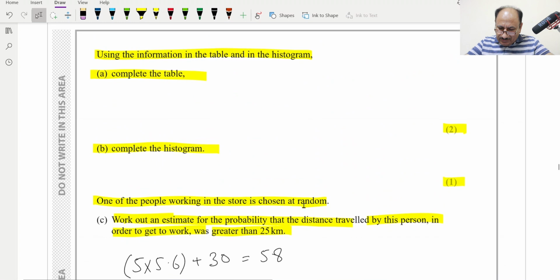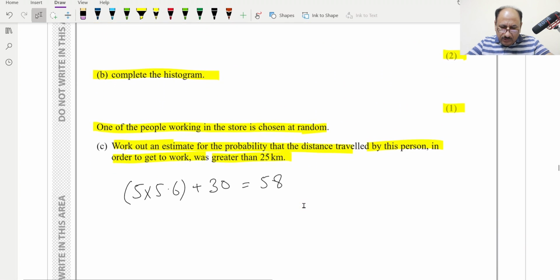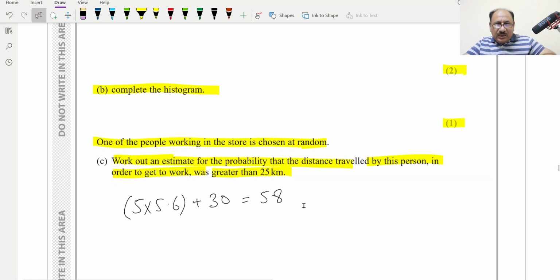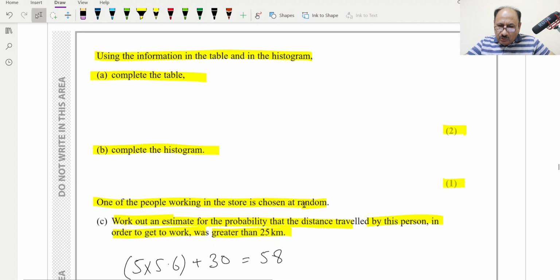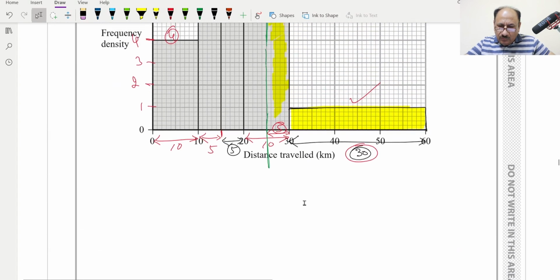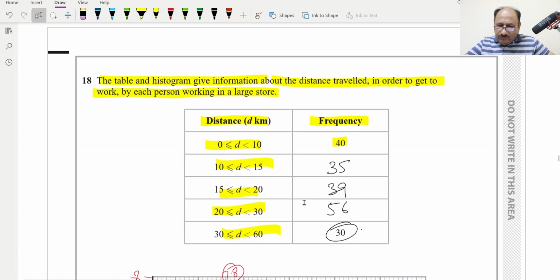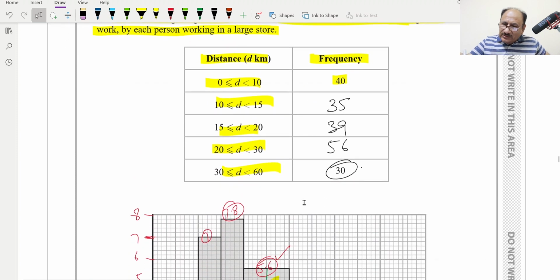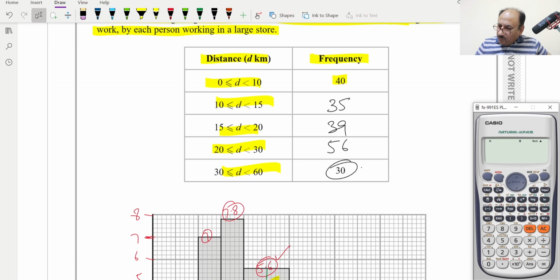So 58 is the workout, 58 is the number, and the total is how much? We have to add these frequencies: 40 plus 35 plus 39 plus 56 plus 30 is equal to 200.